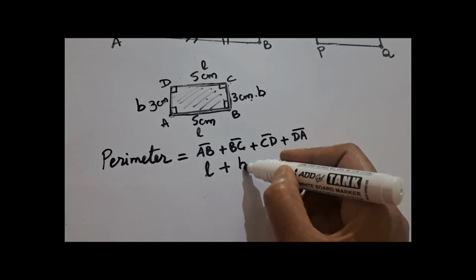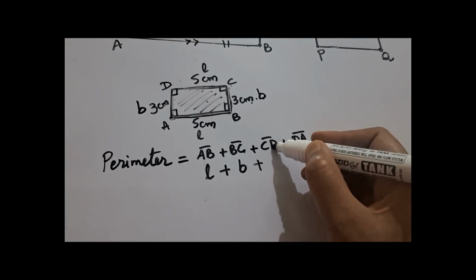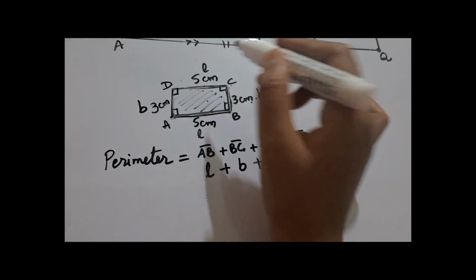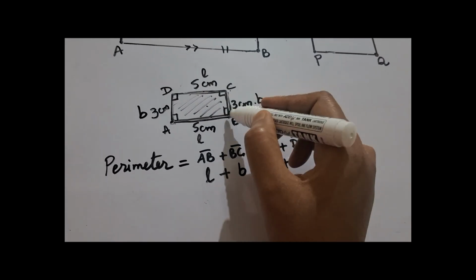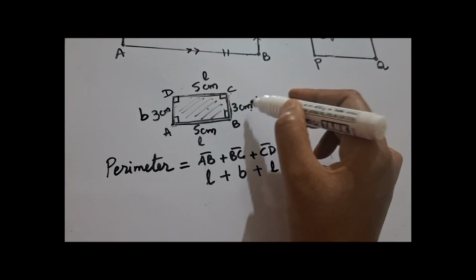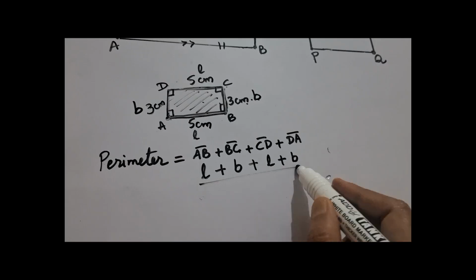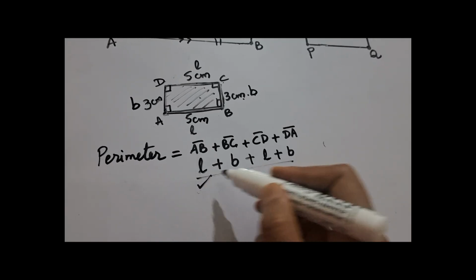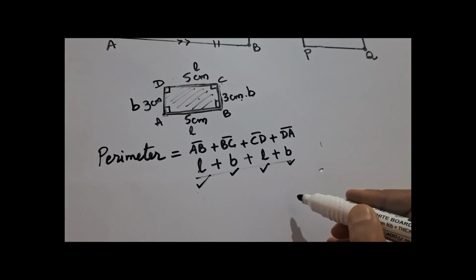So I am writing B, breadth, plus. This one is what? CD. CD is again length, no children? And DA, this one is the same, so breadth. Now here we can observe that L is coming 2 times and B is also coming 2 times, isn't it?